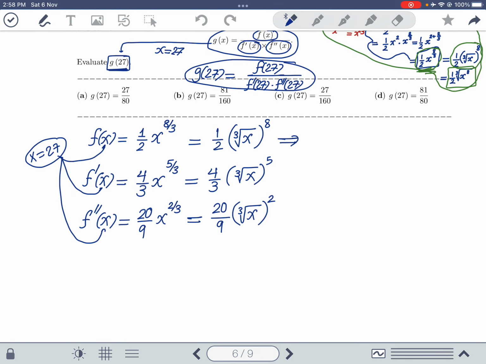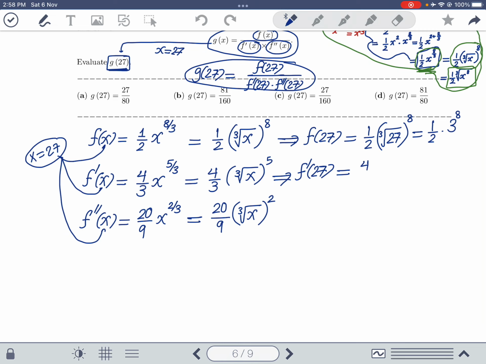So you'll say here, this means that f of 27 is 1/2. Now cubic root of 27, that will be 3. So let me write it like this, cubic root of 27 to the power 8, which is half times 3 to the power 8. Okay, so now the second one, f prime at 27, just substitute 27 instead of x here, and the cubic root of it is 3.